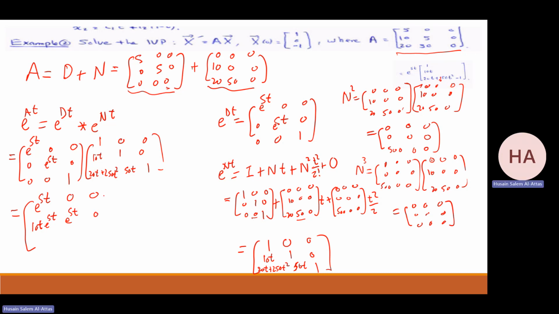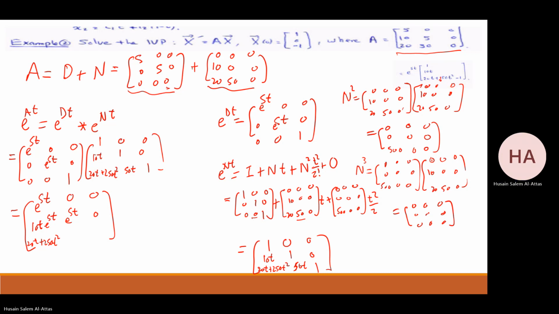Then it will be 0. This times this will be 0. The third row will be 20t plus 250 t squared times 1, since I have e to the power 0, which is 1.